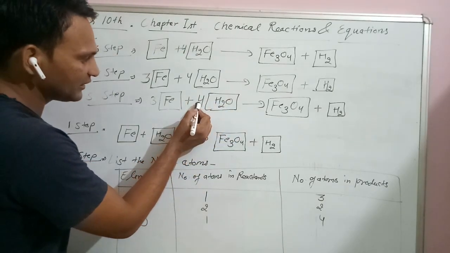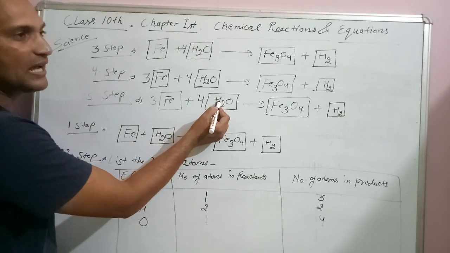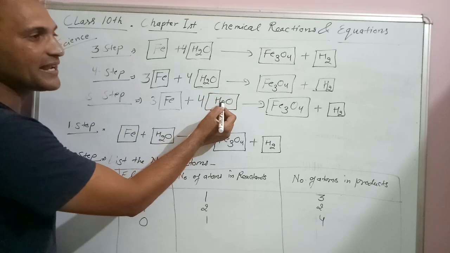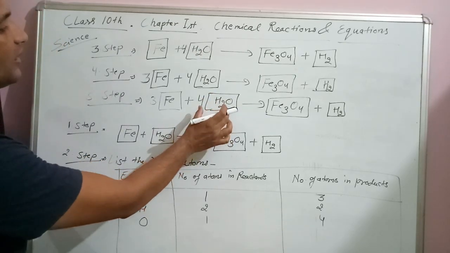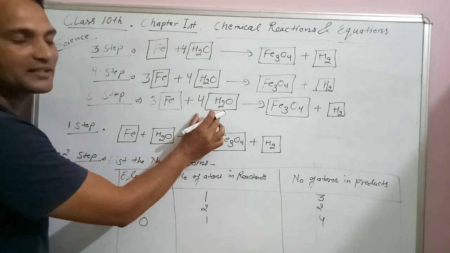So 4 is here before H2O and 2 is after the H. It means 2 multiplied by 4 becomes 8.